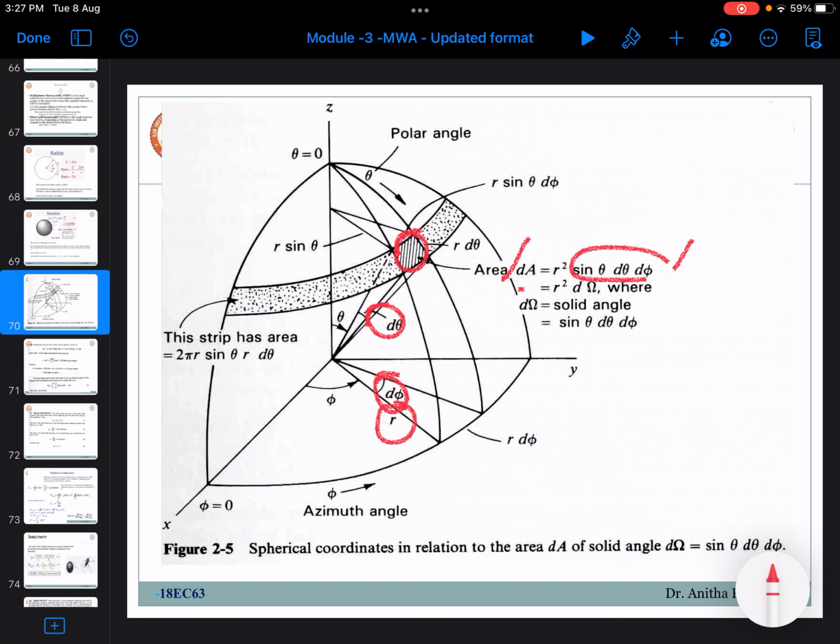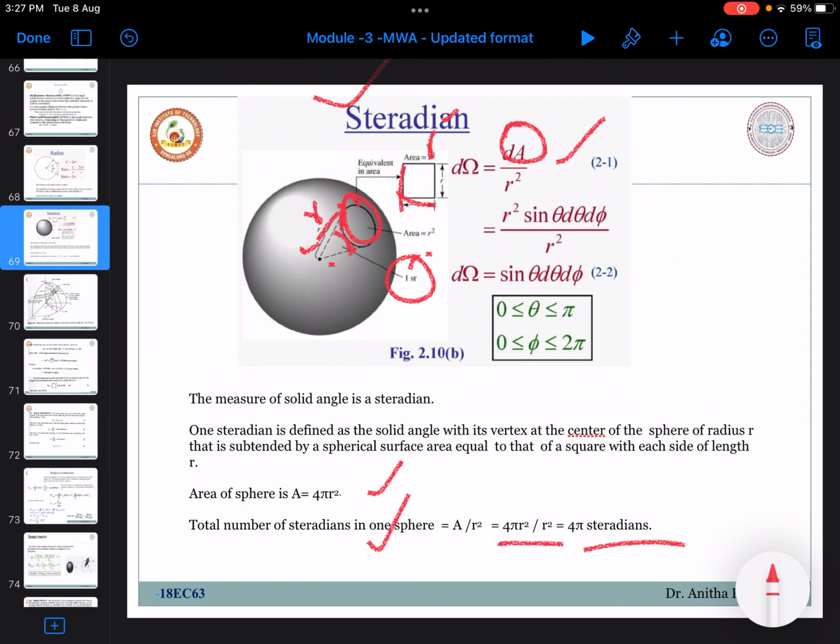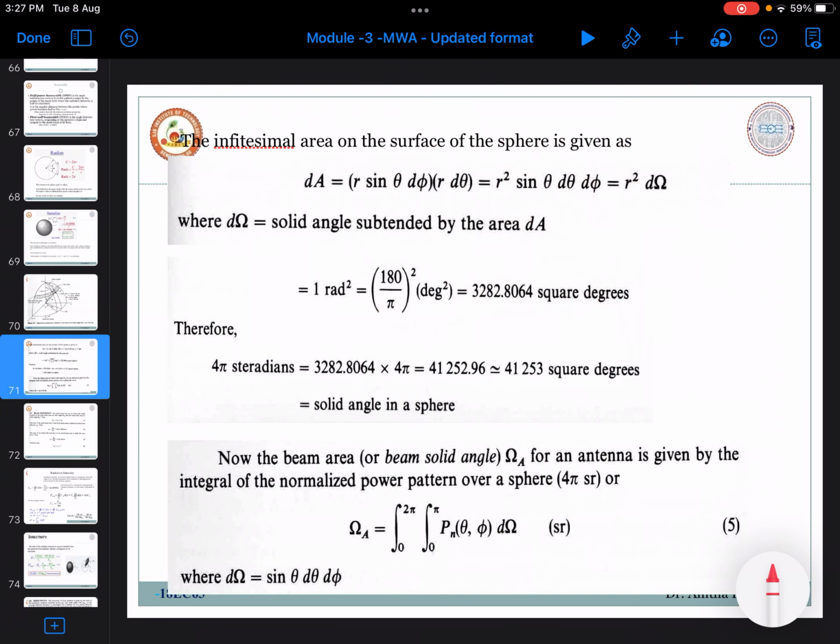If I represent sin theta d theta d phi as d omega, the solid angle, then this gives r square into d omega. So here d omega is the solid angle, and dA is the incremental or infinitesimal area on the surface of the sphere. So on the surface of the sphere, the infinitesimal area is r square into d omega.